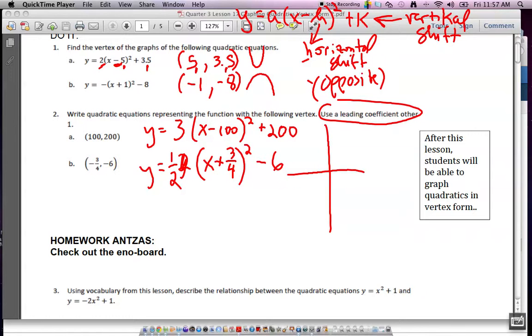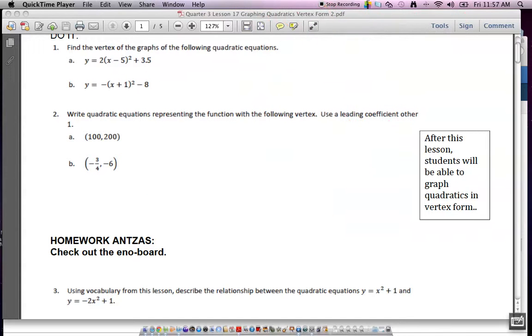If this is the normal width of a parabola, then 3 times it would be really skinny, and a half times it would be really wide. Okay? All right, so now let's go to the next section of today's work. Ready?